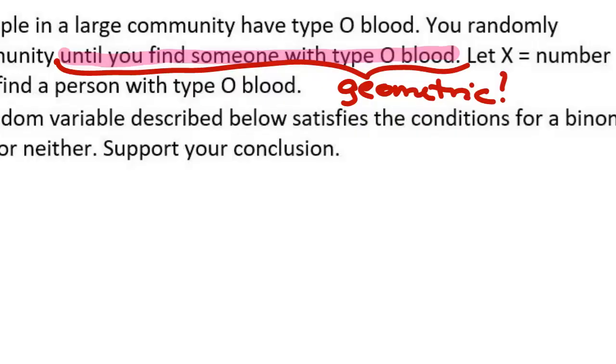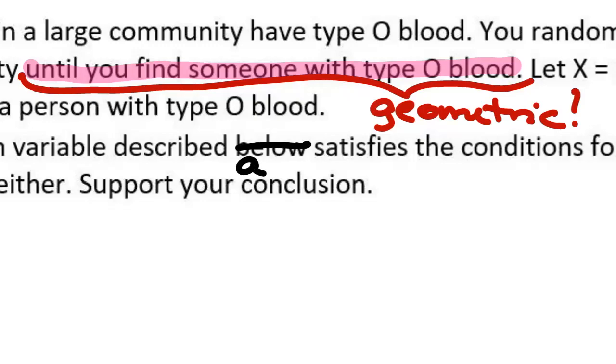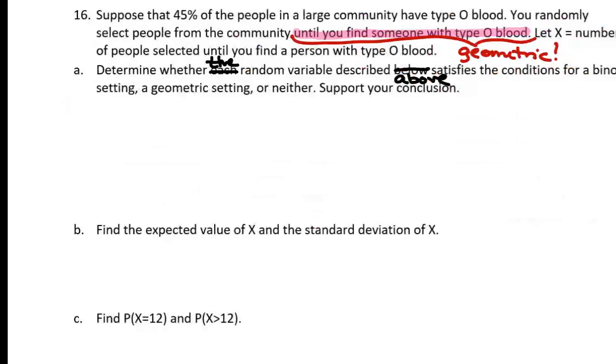Determine whether each random variable described below satisfies the conditions for a binomial setting, a geometric setting, or neither. Sorry, this should say described above, not below, because they described it above. And we only had 1 random variable.